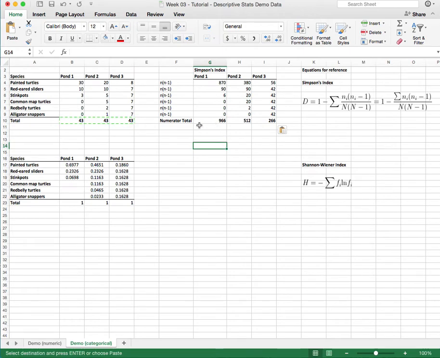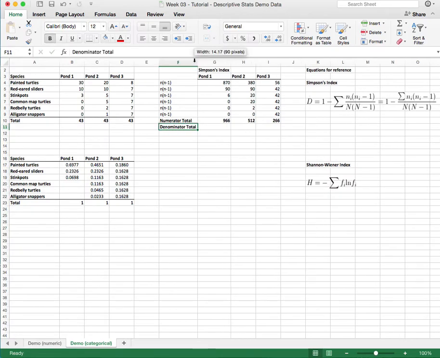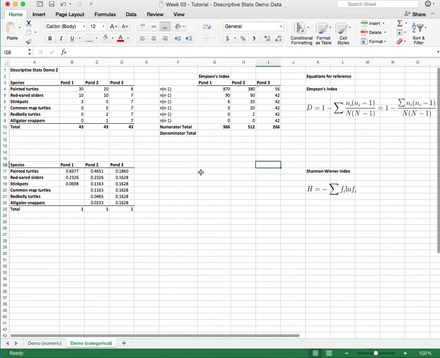So here we see the numerator total for each of our ponds, and then we can calculate our denominator. So remember the denominator total is simply big N times N minus 1.